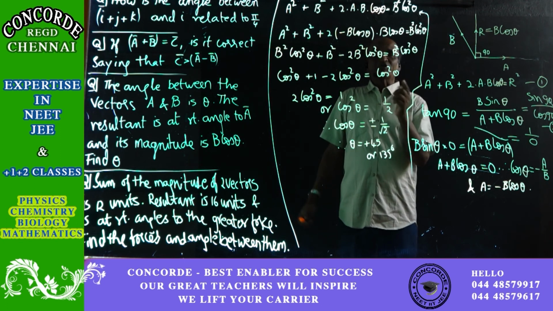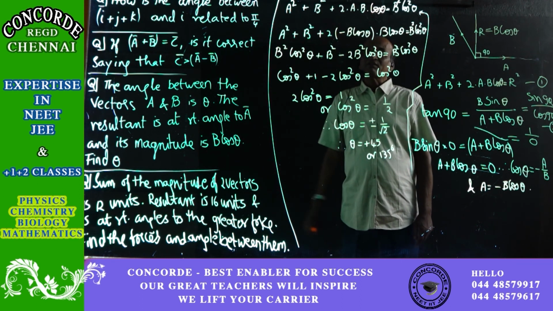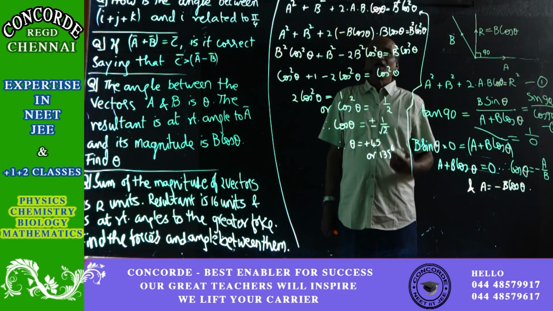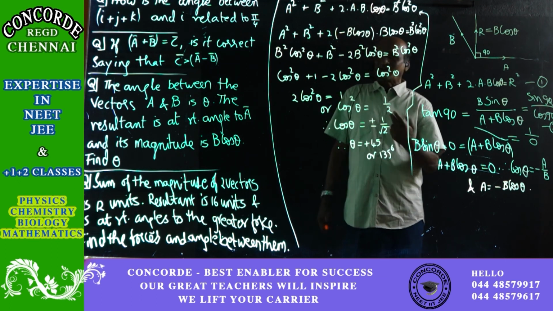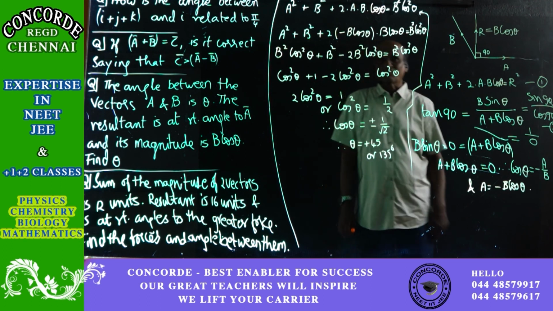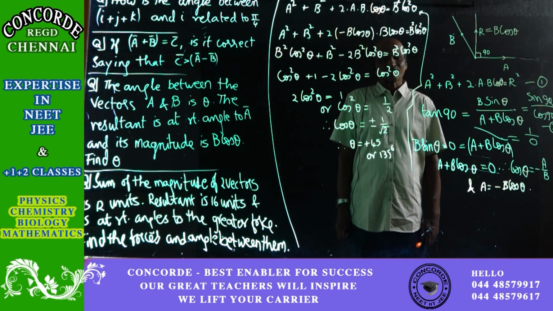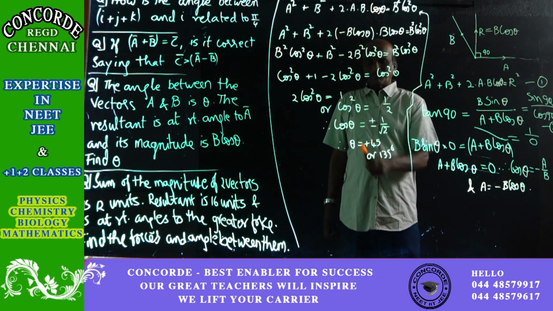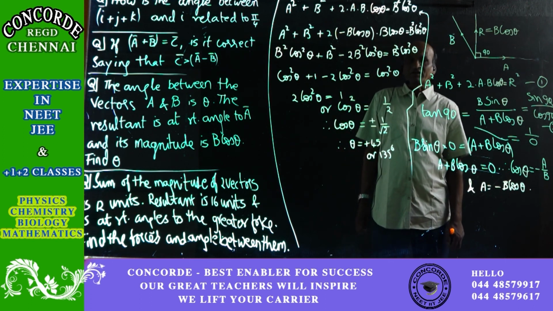And minus value for the cosine should be in the second quadrant. So when you take the second quadrant, it is either 90 plus 45 or else 180 minus 45. 90 plus or 180 minus, both are in the second quadrant. So anyway you take it, you will get the same answer. So we will therefore get another possibility, that theta will be 135 degrees.